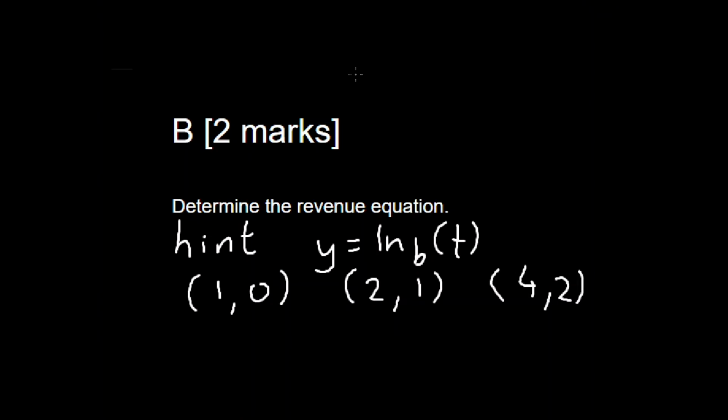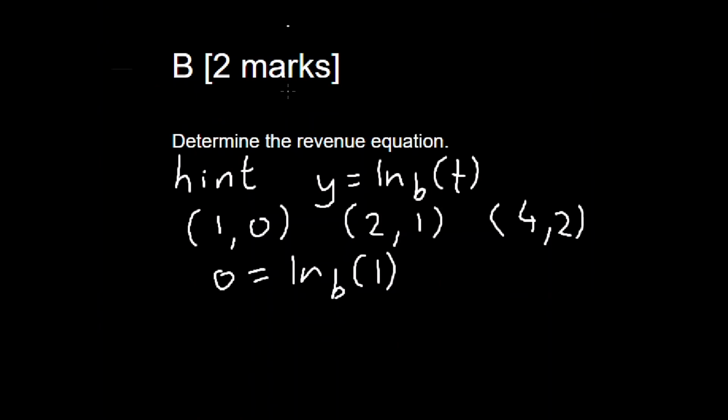Let's substitute in the first one. So we say that 0 is equal to log base b, not sure what b is equal to, of 1 there. So if we have a look at the formula sheet, if we've got something along the lines of b to the power of x is equal to y, then what we can say is if we take the log of that, then we've got log base b of y is going to be equal to that value at the top.